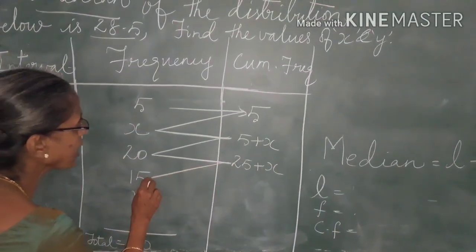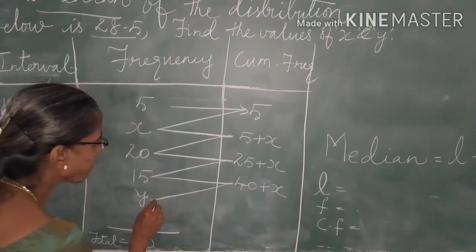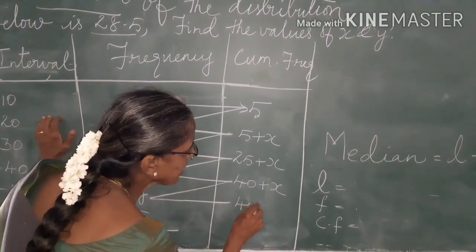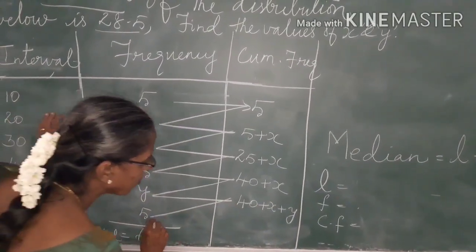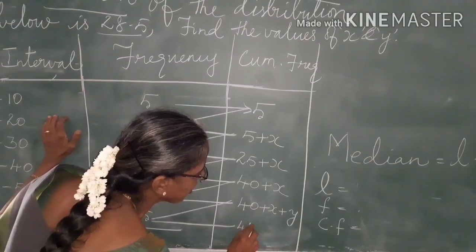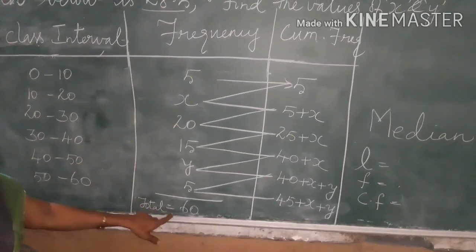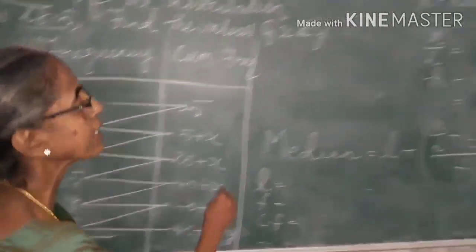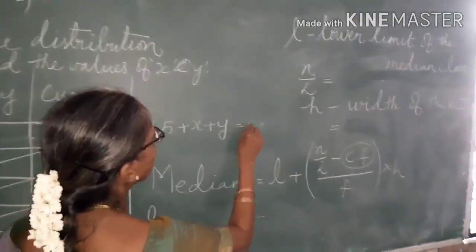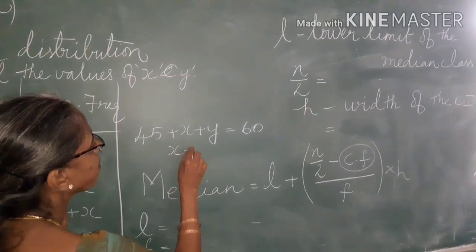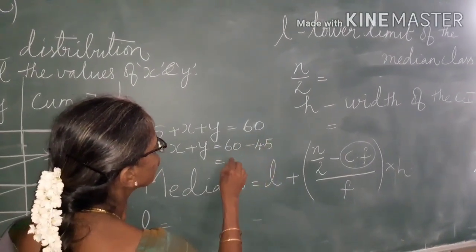Next, 25 plus 15, 40 plus x. 40 plus y, 40 plus x plus y. Next, 40 plus 5, so 45 plus x plus y. But the total frequency is given as 60. So 45 plus x plus y equals 60. Then what is x plus y? 60 minus 45, which is equal to 15.